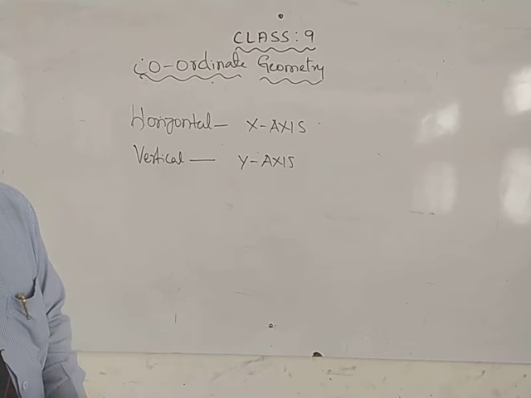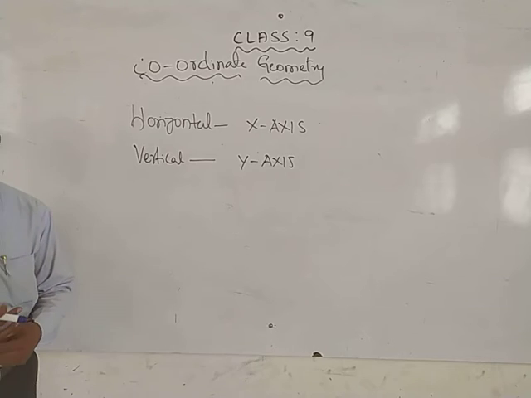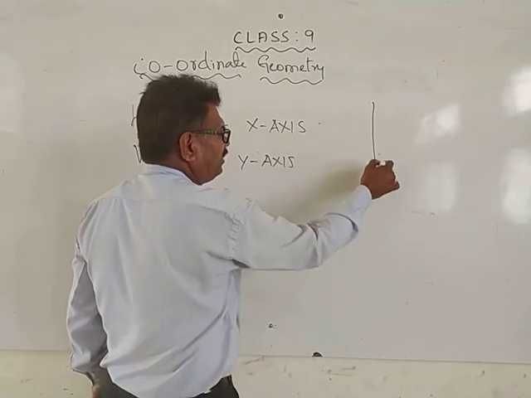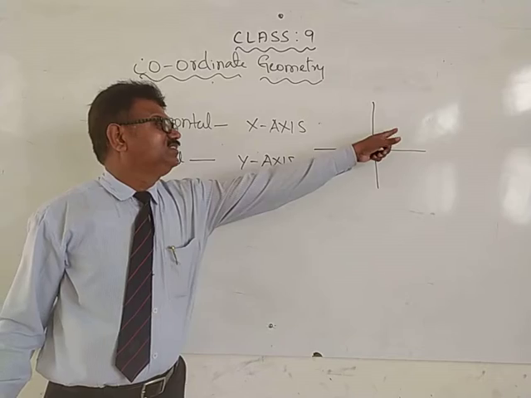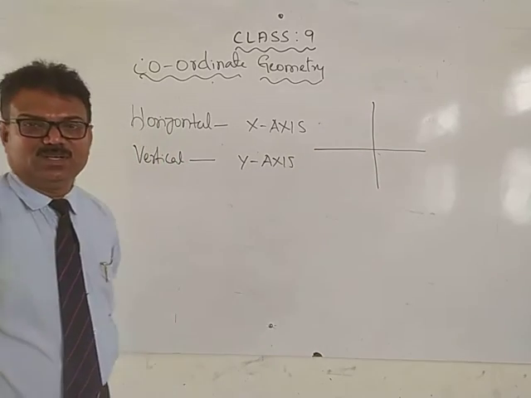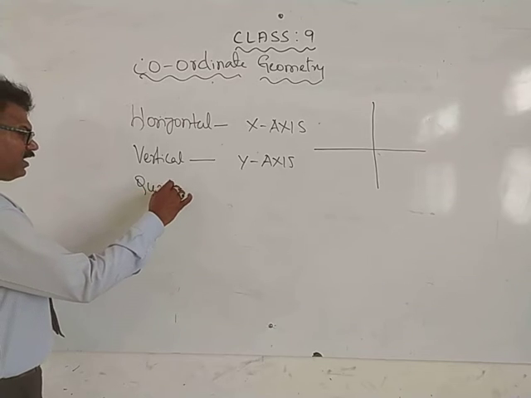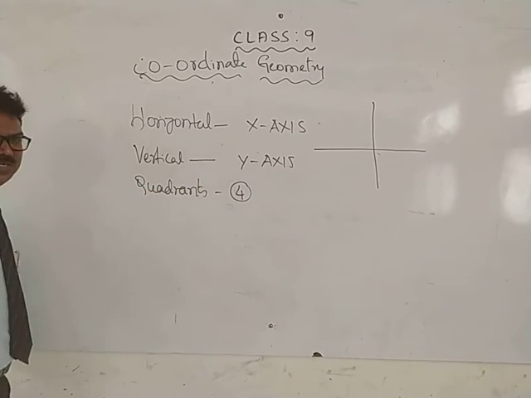What is the name of each part of the plane formed by these two lines? When these two, x-axis and y-axis, divide the plane, what are these parts? Quadrants. How many quadrants? 4 quadrants.